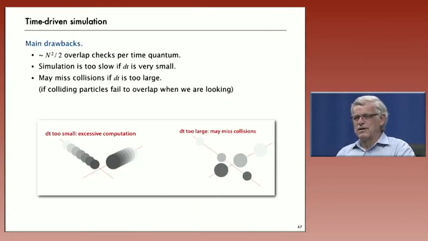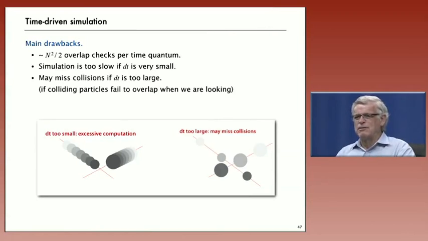The first one is that you have to check all pairs of balls for overlap. So that's quadratic. So it's going to be really a lot of overall checks. You're not going to be able to do it for a huge value of n. But the other thing is, even if n is small, if you do a very small dt, then you're just doing this calculation over and over again, and there's just too much computation, moving the balls a little bit at a time.